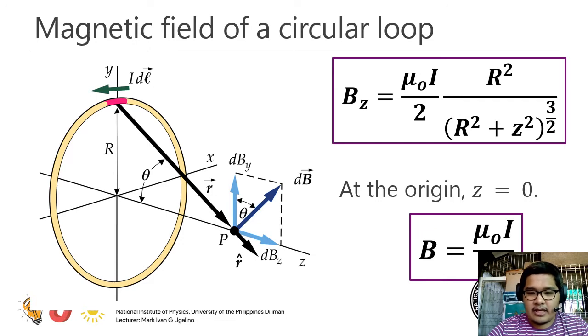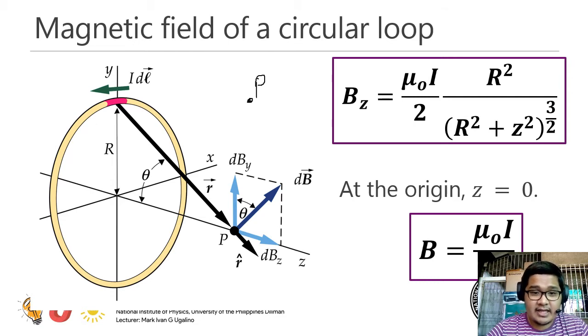So in summary, this is your magnetic field due to a circular loop along the axis of the circular loop. Of course, if you consider a point somewhere else, the magnetic field there will be drastically different. If you do your calculation, the dl and the r hat will be different for this case.